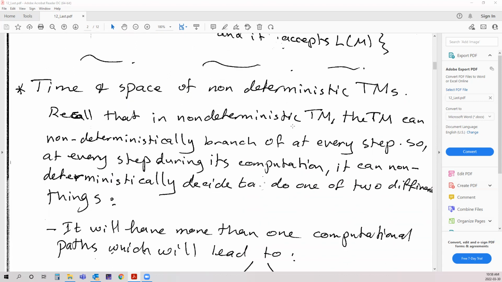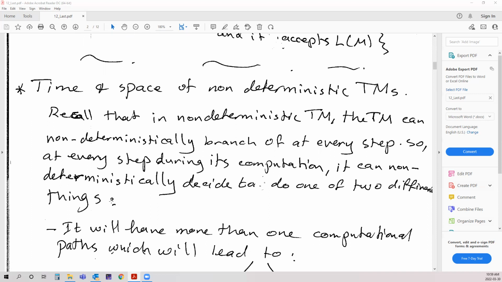Recall that in a non-deterministic Turing machine, the machine can non-deterministically branch off at every step. At every step during its computation, it can non-deterministically decide to do one of two different things. If we have an NFA, non-deterministic finite automata, we have multiple paths, and I clarified that many times.